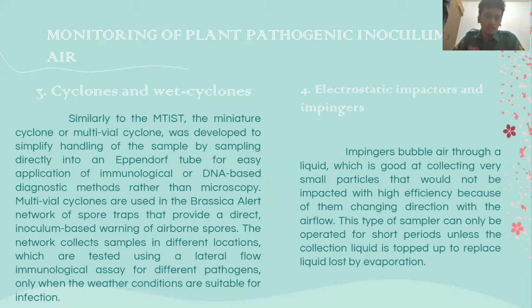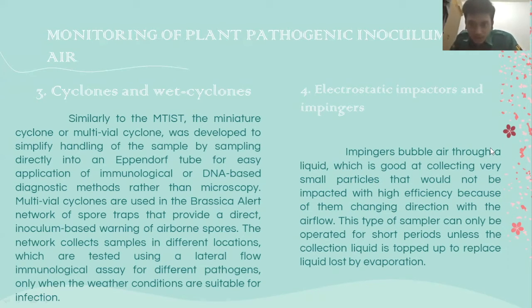Multi-vial cyclones are used in the Brassica alert network of spore traps that provide a direct inoculum-based warning of airborne spores. The network collects samples in different locations, which are tested using a lateral flow immunological assay for different pathogens only when the weather conditions are suitable for infection.